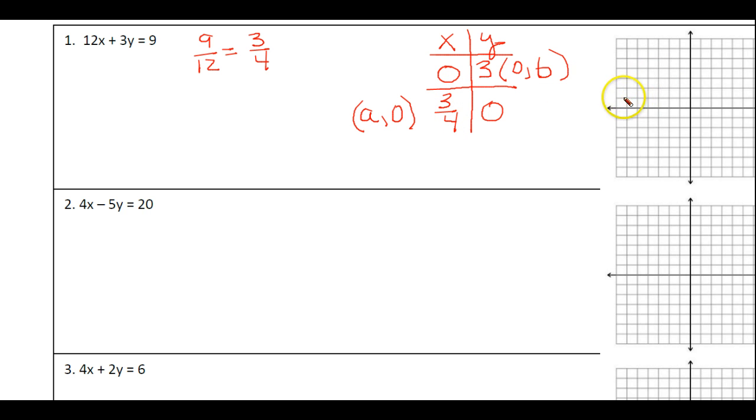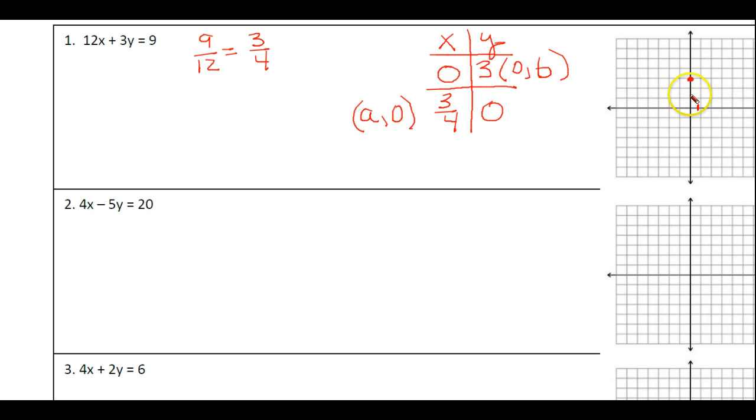So when we go to graph this, we're going to put a 0, 3, 1, 2, 3 right there. And we're going to put a 3/4, 0, which is right about there.